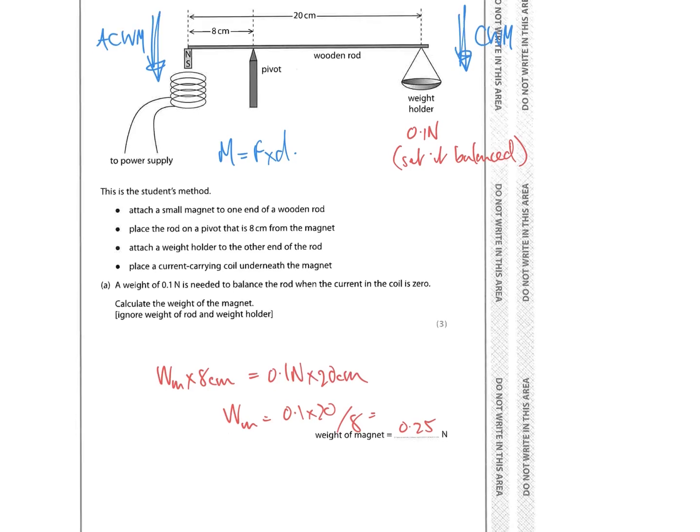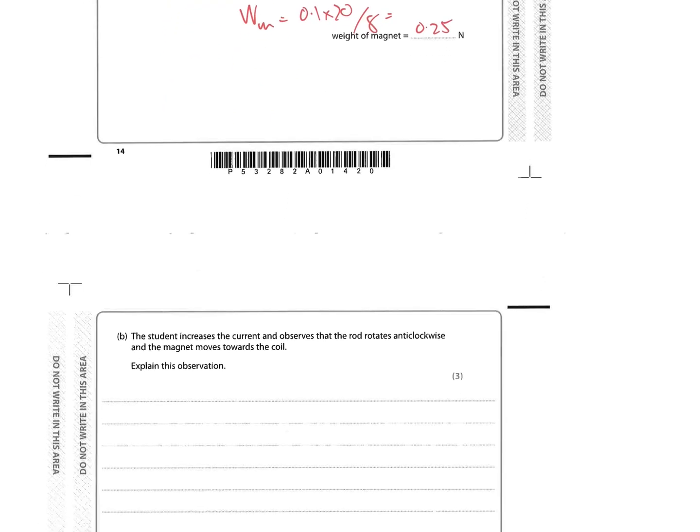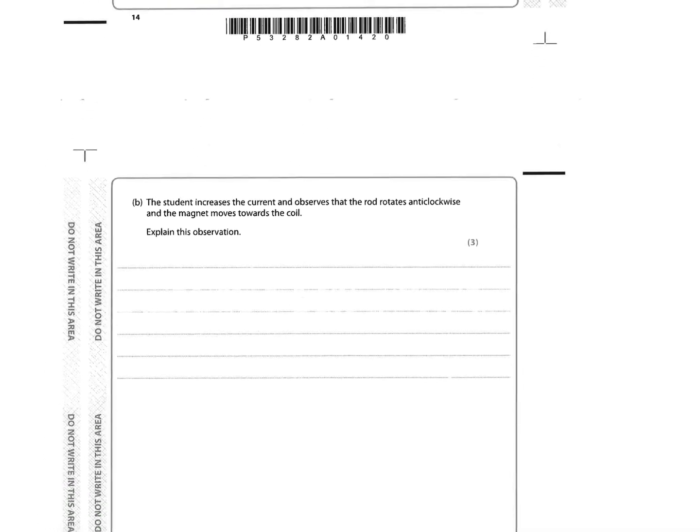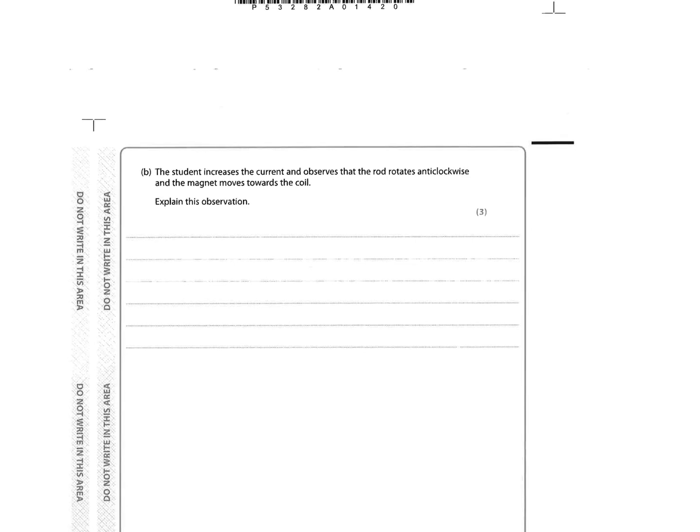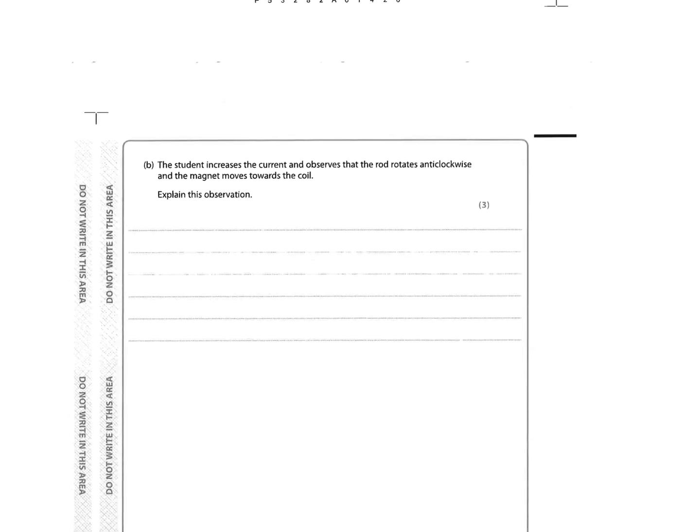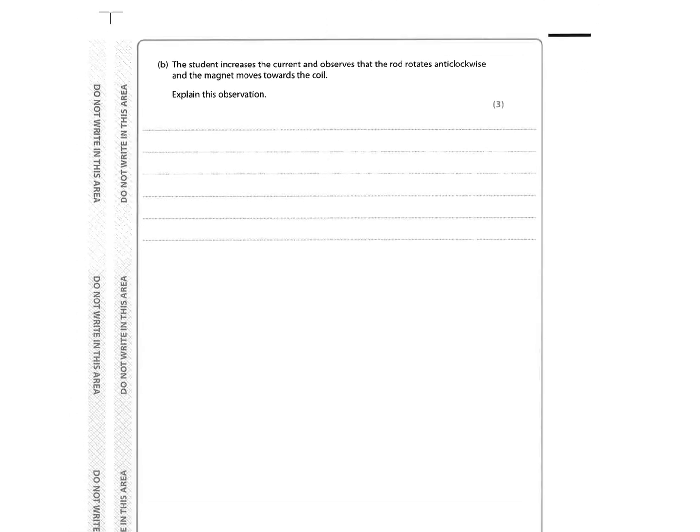Okay, good. So then, the student increases the current to observe that the rod rotates anti-clockwise and the magnet moves towards the coil. Explain the observation.